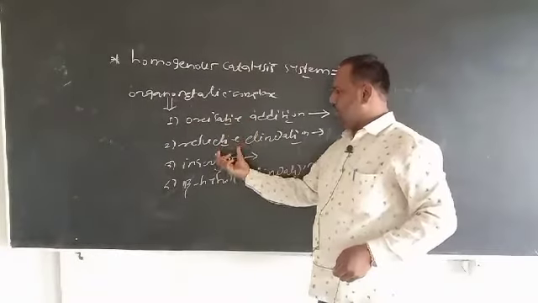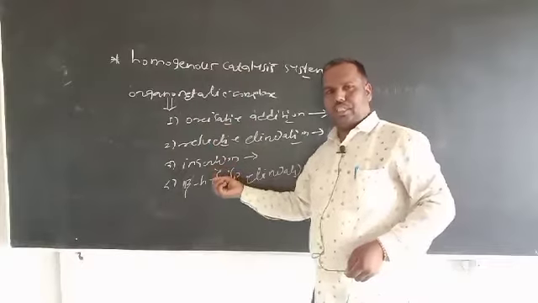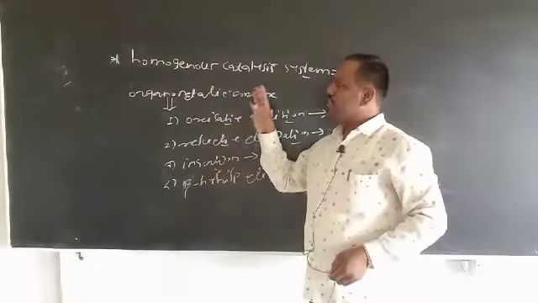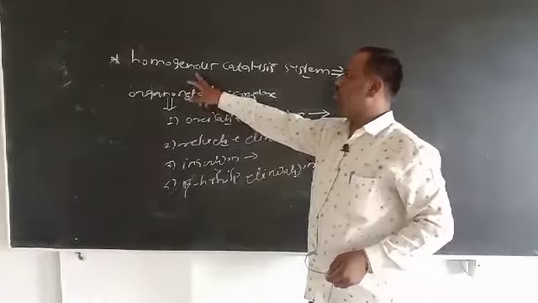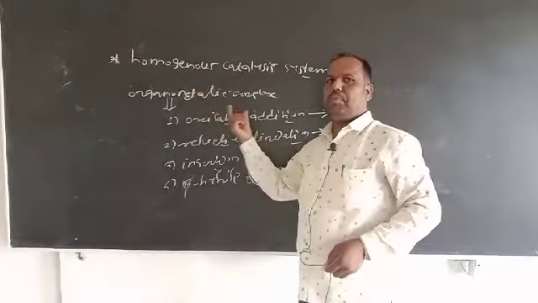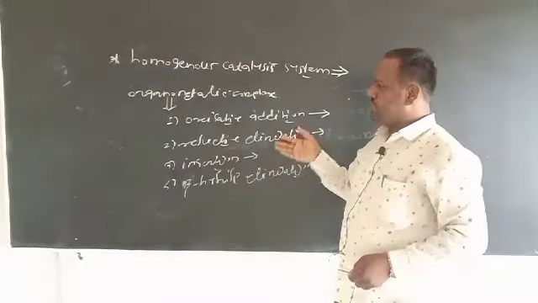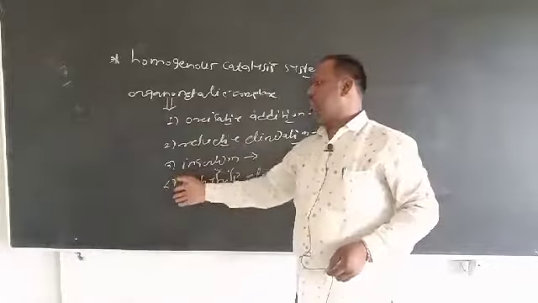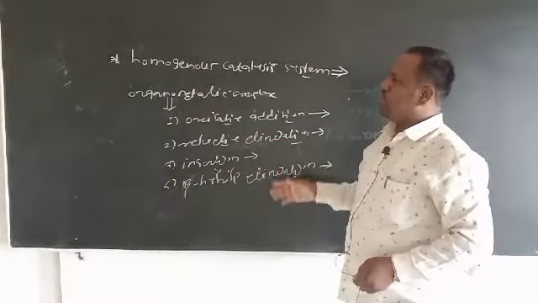Oxidative addition, reductive elimination, insertion and beta hydride elimination are the steps involved in the homogeneous catalysis system using organometallic complexes. With the help of organometallic complexes, these reactions are involved in the conversion of reactant into product.